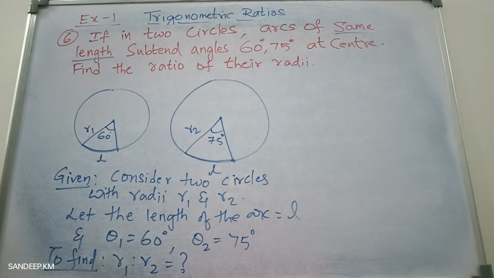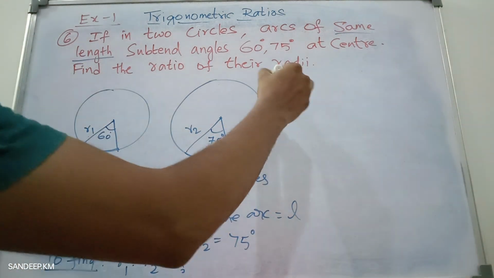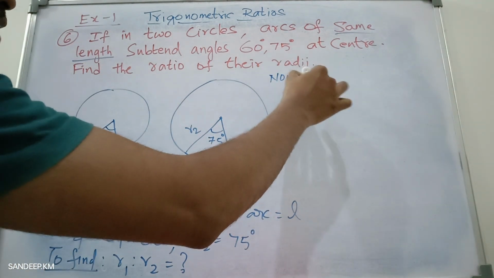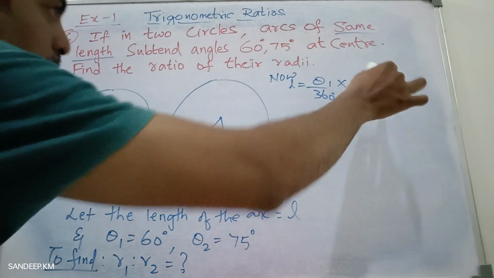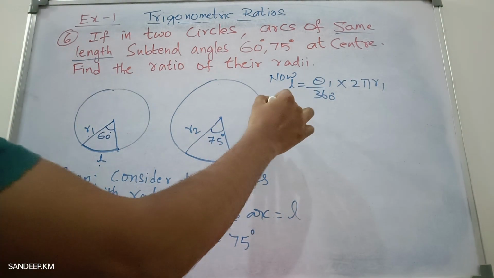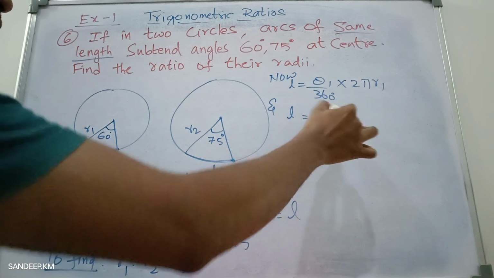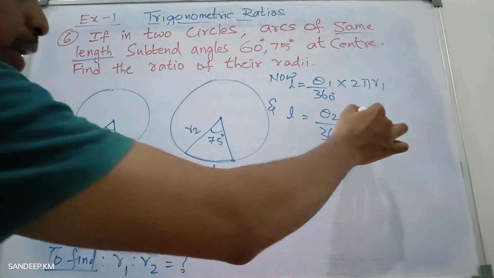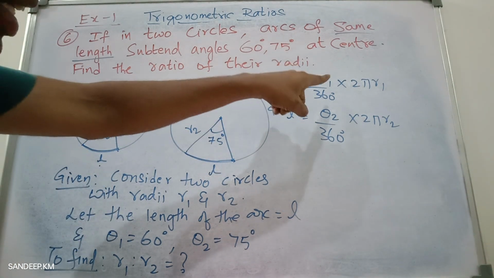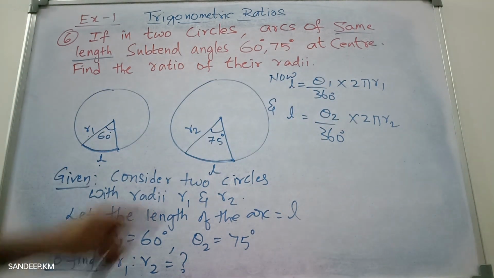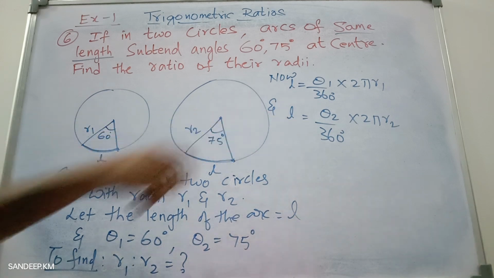We already have the relationship between length of the arc and radius of the circle in degree measure as L is equal to theta 1 by 360 into 2 pi R1. And at the same time, L is equal to theta 2 by 360 degrees into 2 pi R2. Correct or not? This is for the first circle and this is for the second circle.